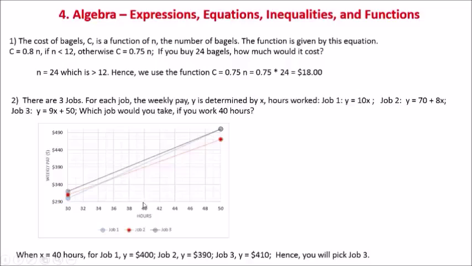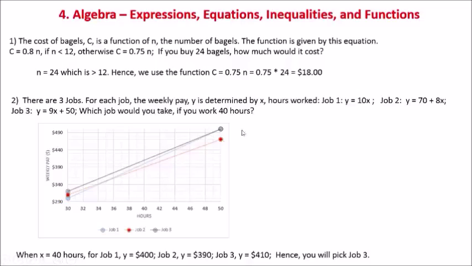And then for job 1, for 40 hours, you just go up, you read across, and that is a little more, about $400. And then for 40 hours for job 3, you just go up, you go across, that's about $410, okay? So then the biggest one, the most money is actually job 3, so you will go with job 3, right?